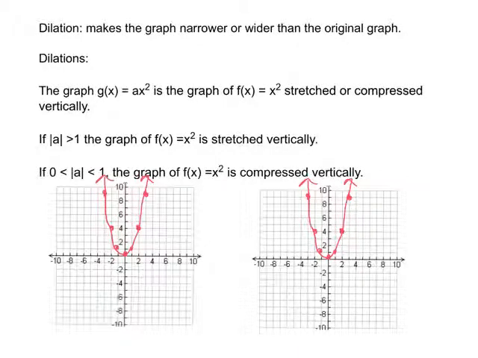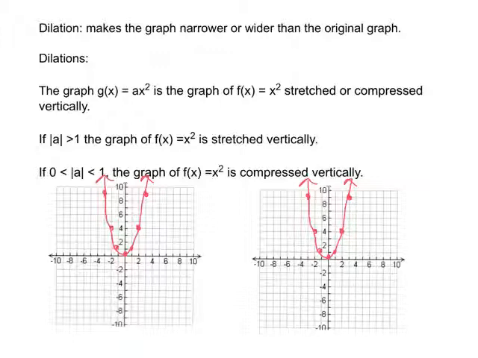The graph of g of x equals a times x squared is the graph of f of x squared, and it's either stretched or compressed vertically. So I'm either making it really wide or really narrow. If the absolute value of a is greater than 1, then it'll be stretched vertically. Let's take a look at an example.